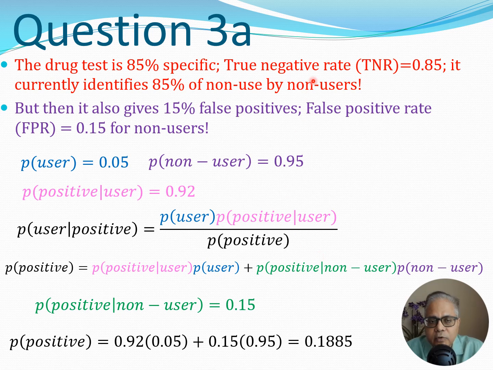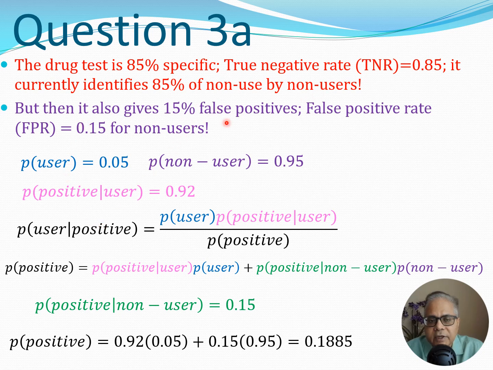Now we are going to use the next two pieces of information to figure out what is P(positive). One is that we have this fact that the drug test is 85% specific, or the true negative rate is 0.85. So that's one number we can probably use.